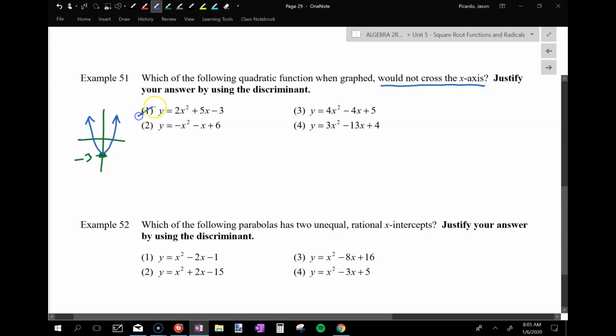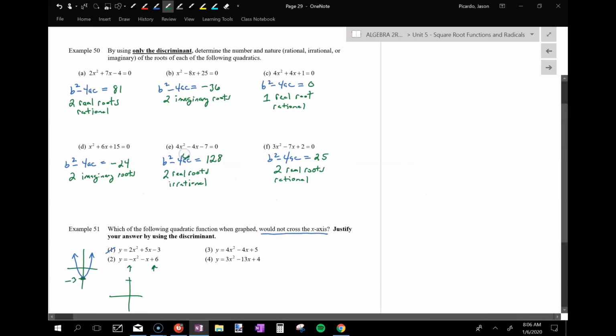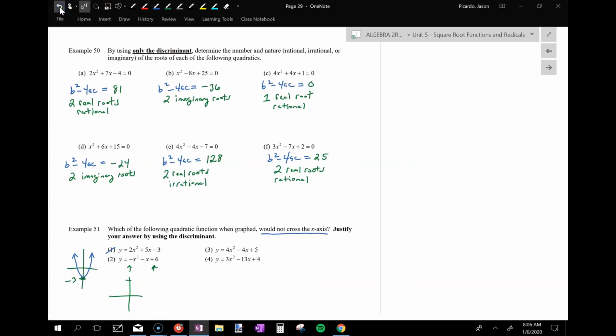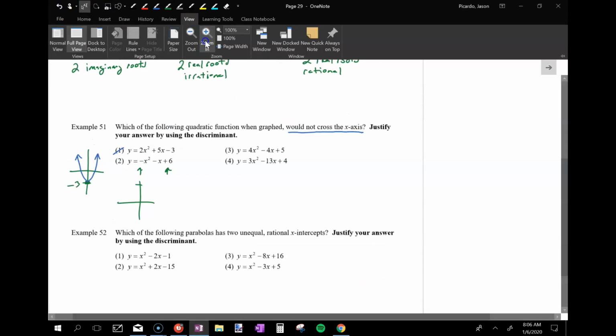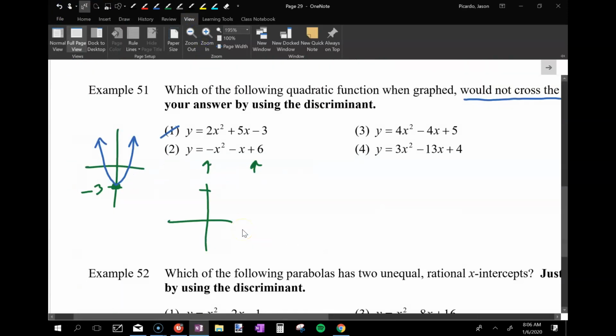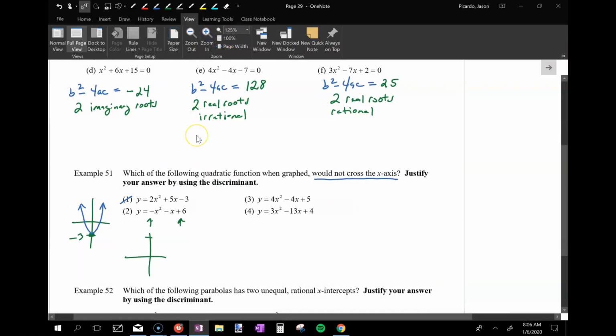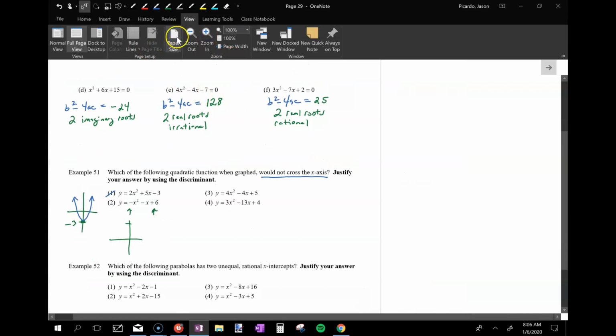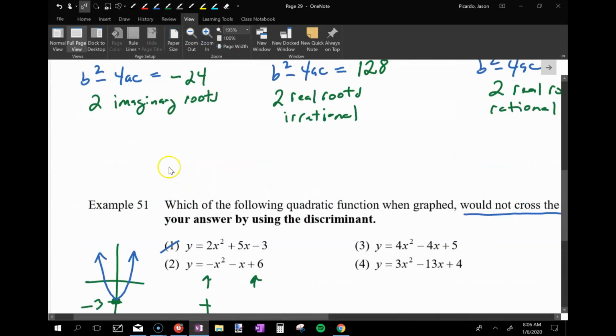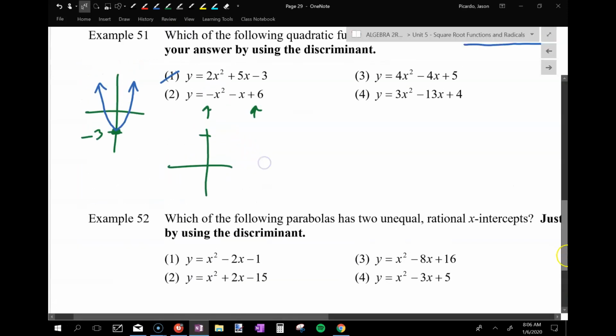So choice 1 definitely will. How about choice 2? Choice 2 is sad with a y-intercept of 6.